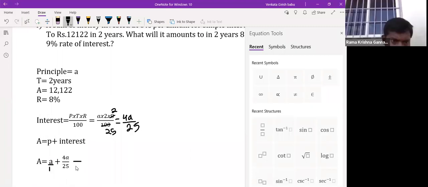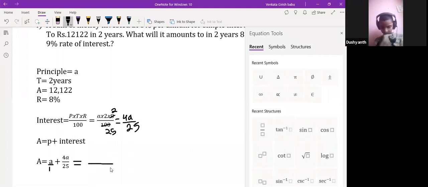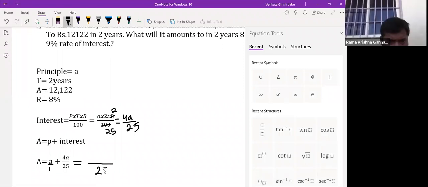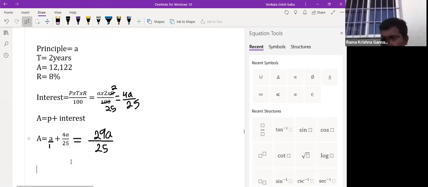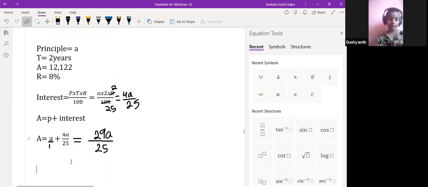Now see this, 25 is the LCM, so the numerator is 29A. That is the amount, 29A by 25.